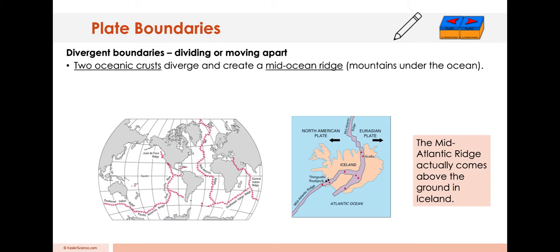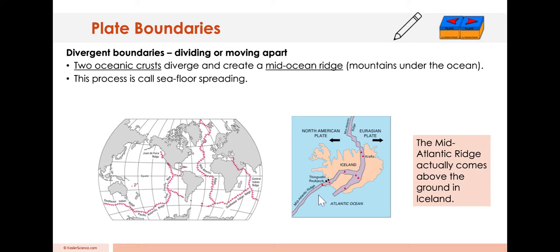That being said, they are a set of mountains where new crust is being created. It also goes by the name of seafloor spreading, because what's happening is the ocean floor or the seafloor is spreading apart slowly by only about 2 centimeters each year, really. It's very little, okay? And they're getting further and further apart.